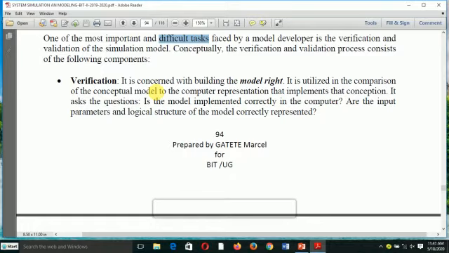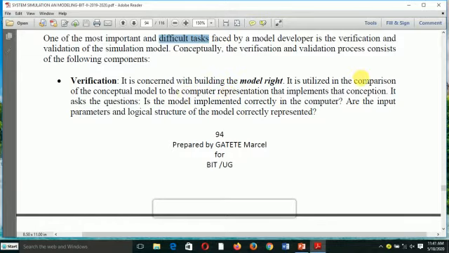So the conceptual model is the representation of the model, for example, on sheets of paper. That's what is called conceptual. Then you compare what you have on your sheets of paper or on your boards to what you have entered into the computer.